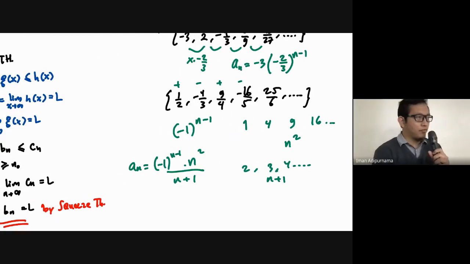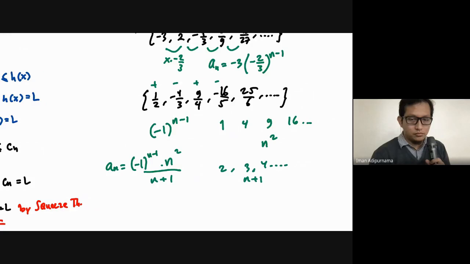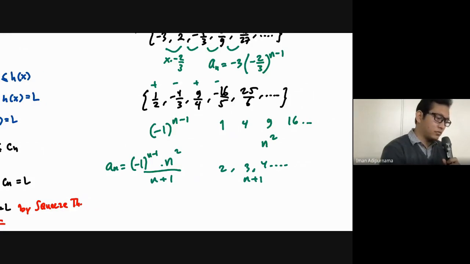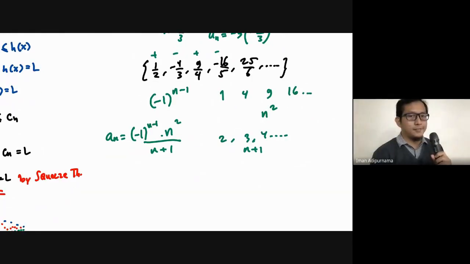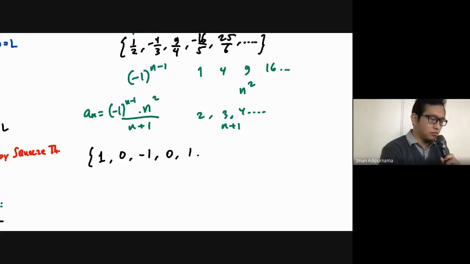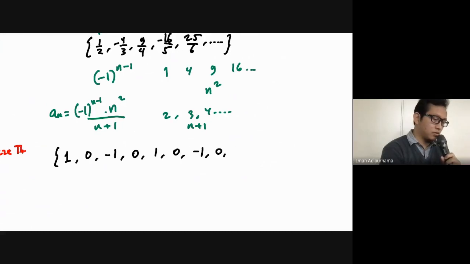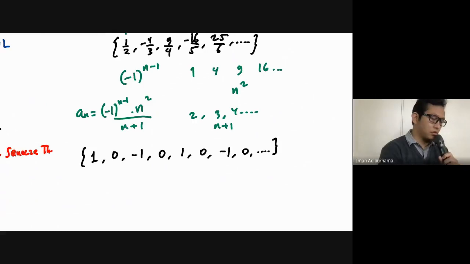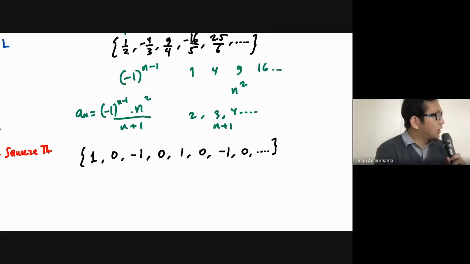Okay. And what if you have the sequence 1, 0, negative 1, 0, 1, 0, negative 1, 0.